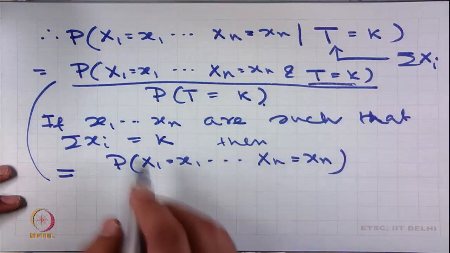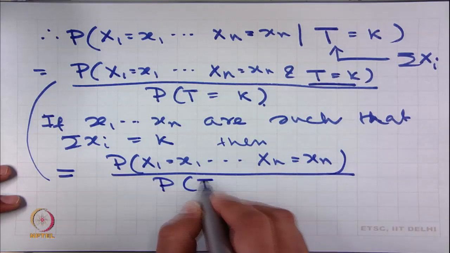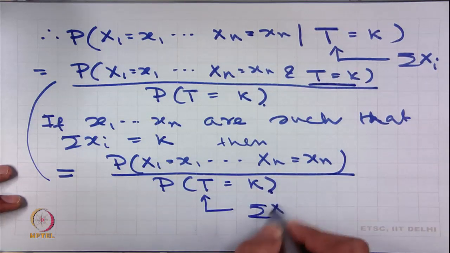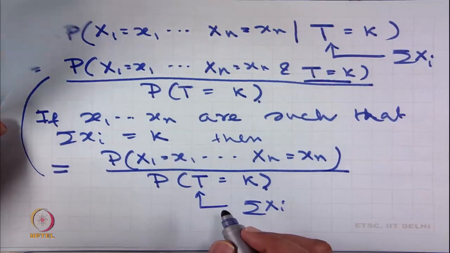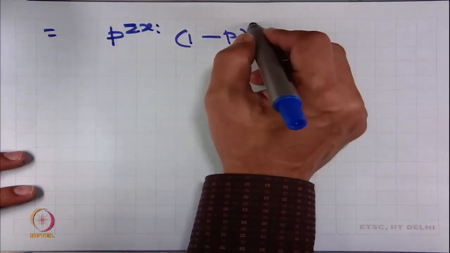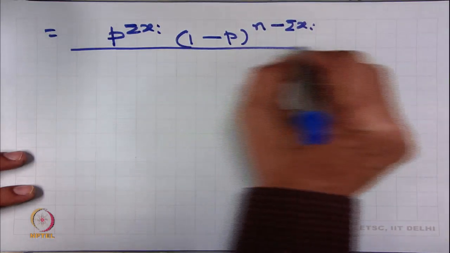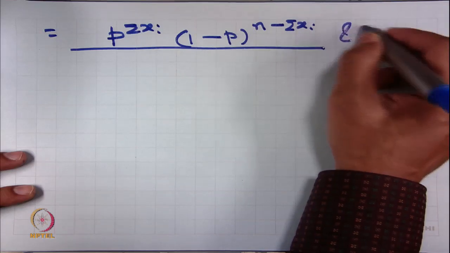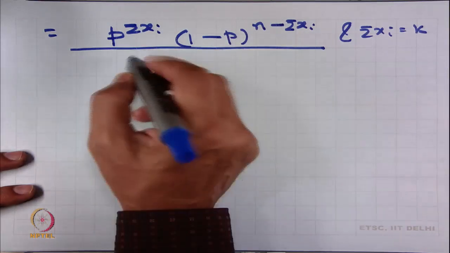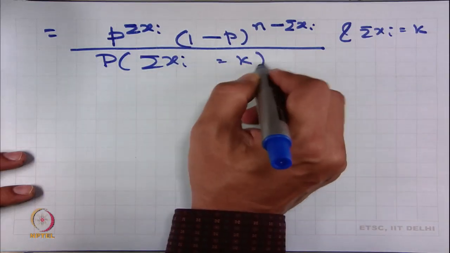I do not need to consider this because that is going to be satisfied automatically, divided by the probability that T is equal to k, where T is equal to sigma Xi. The numerator is p to the power sigma xi, 1 minus p to the power n minus sigma xi, and sigma xi is equal to k, divided by the probability T is equal to k, that is the probability sigma Xi is equal to k.